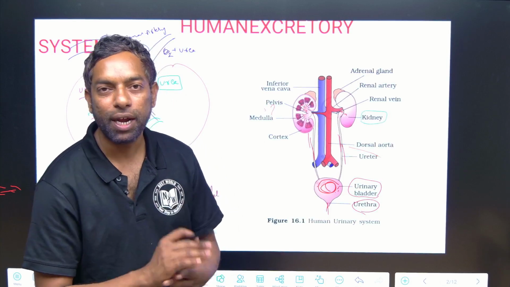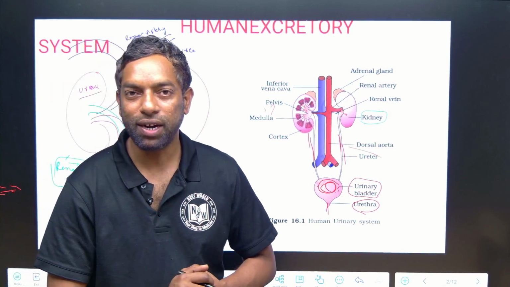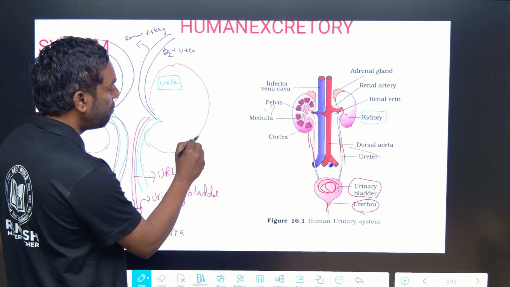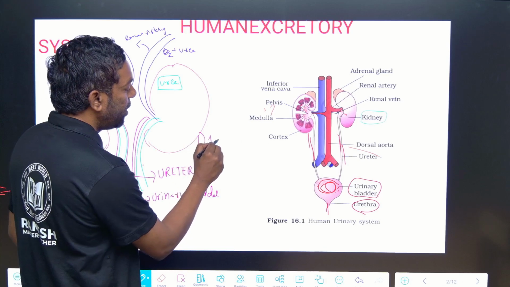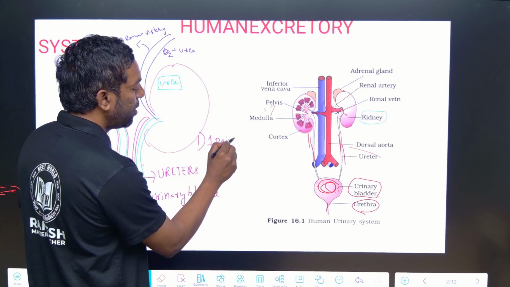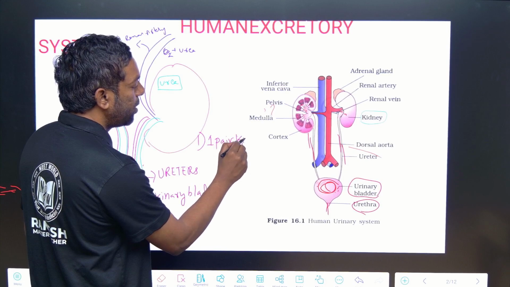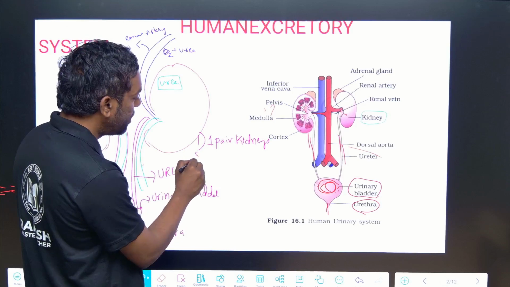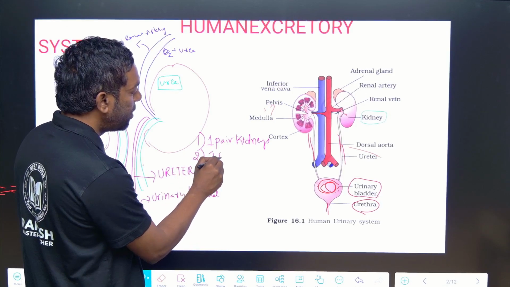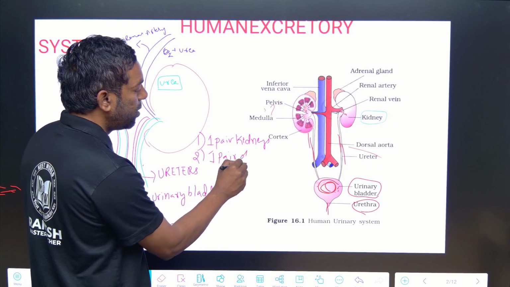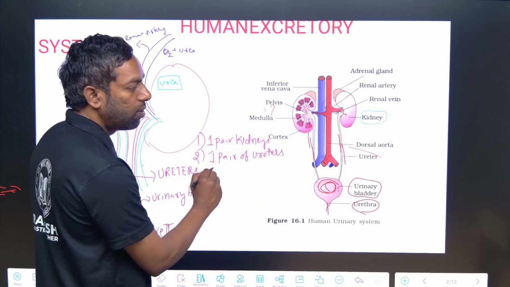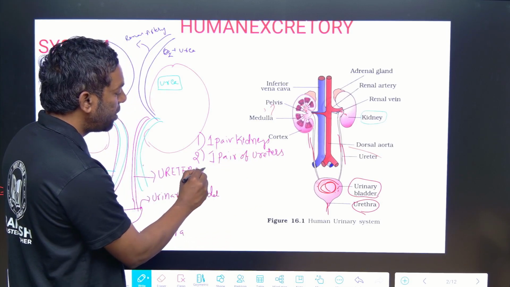So one pair of kidneys, one pair of ureters, one urinary bladder and one urethra.